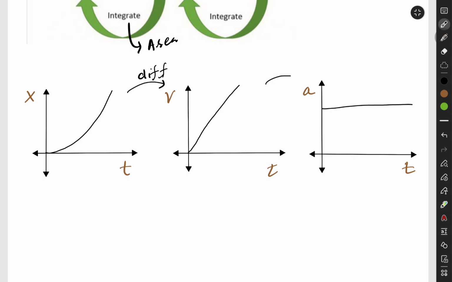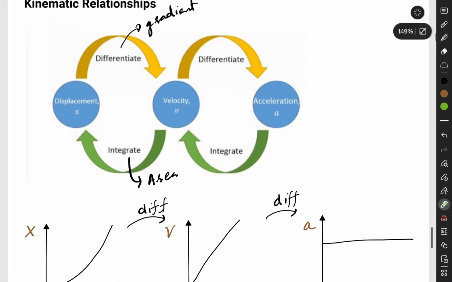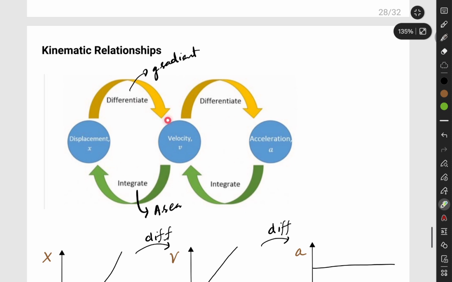And if I differentiate this, I'm going to end up with the acceleration time graph. Now, if I integrate the function of the acceleration time graph, I'm going to get the velocity time graph. If I take the velocity time graph function and integrate it, I'm going to end up with the displacement time graph. So that's what this diagram is showing us.